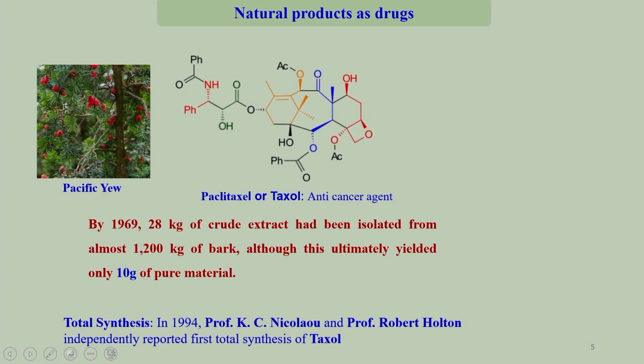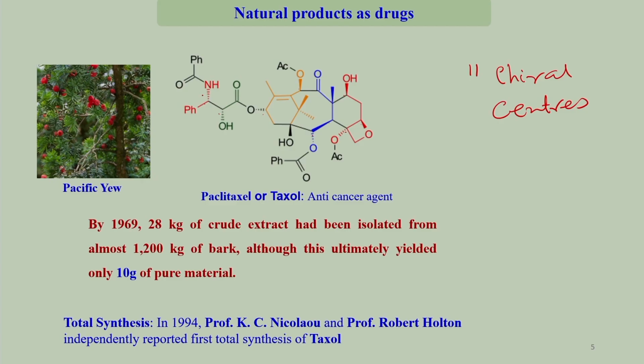If you look at the molecule, it is very complicated and it has around 11 chiral centers. You see, 1, 2, 3, 4, 5, 6, this is not chiral, 7, 8, 9, 10 and 11.